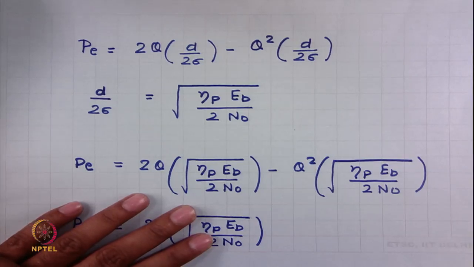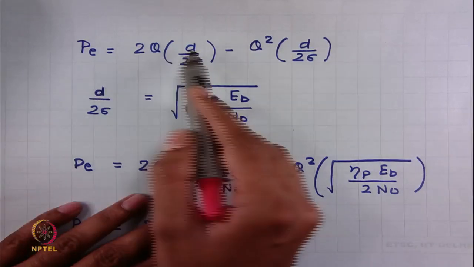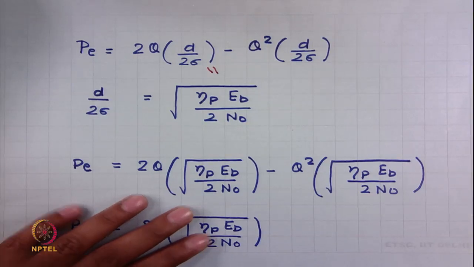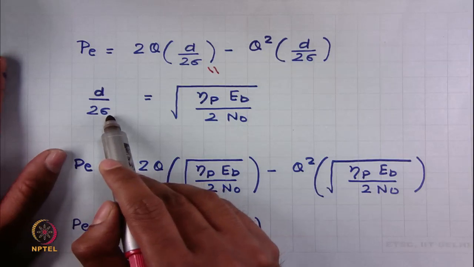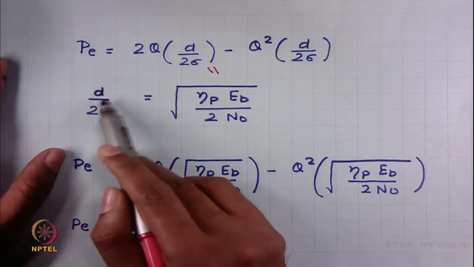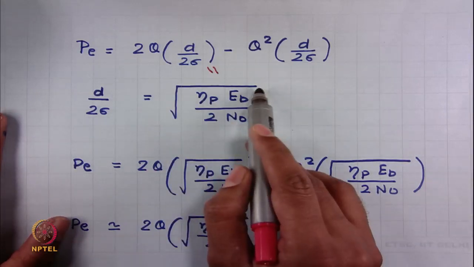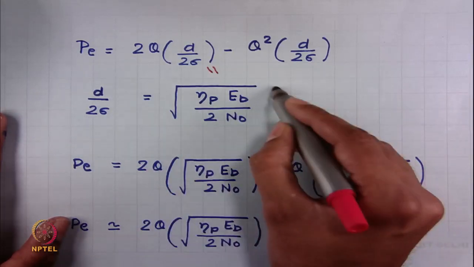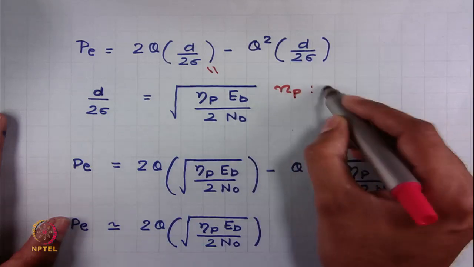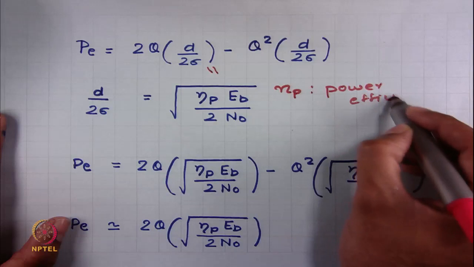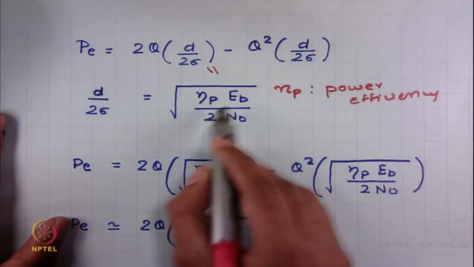and as before, now the idea is to express this in terms of root of Eb by N0. We are interested in doing so, and d by 2 sigma, same as in the case of binary signaling schemes, is simply the square root of eta p, where eta p is the power efficiency, times Eb by N0 by 2.